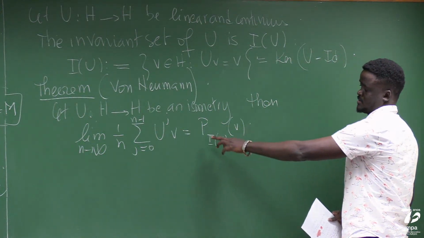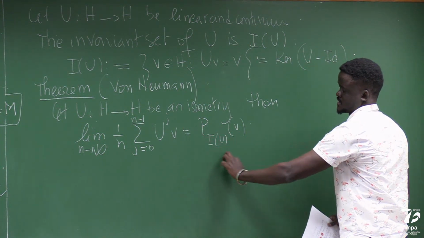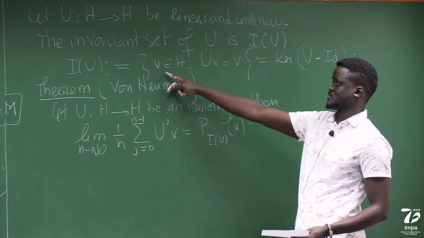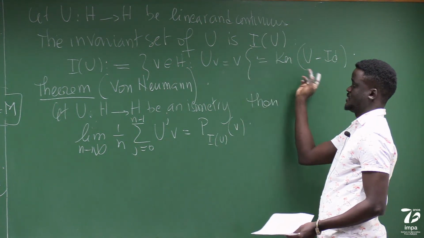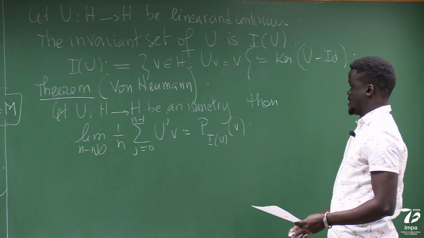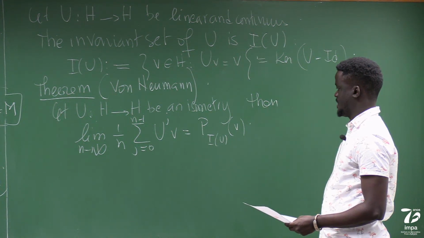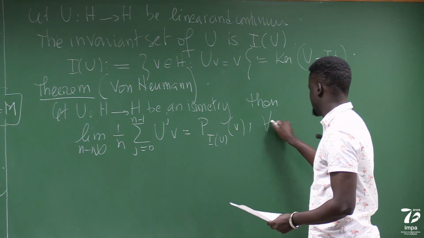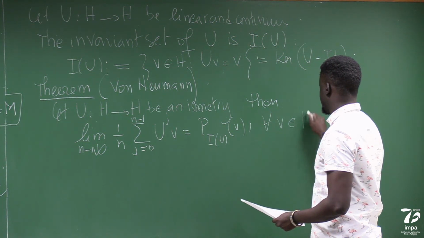So this is the projection to this subspace. This is a subspace, okay? You can check that it is linear, 0 is inside, and all the properties. And this is for all v in H.